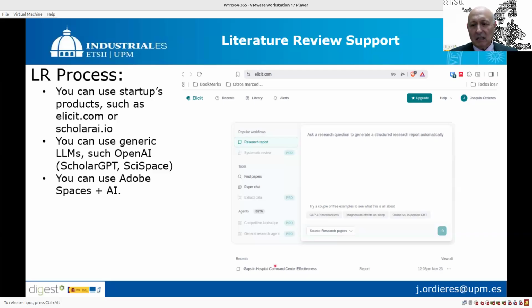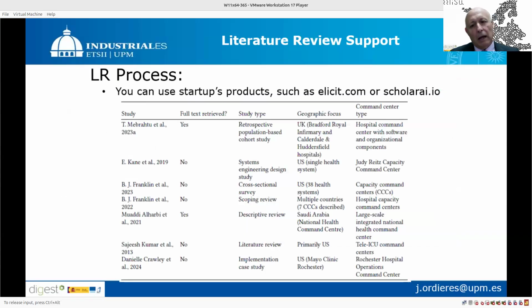So in that particular case, this is the interface of Elicit. And then I was just creating the report I mentioned. I will show you later on. The report is large, but the summary table is the one I present here. So they produce a list of papers where in some cases, because they are open access, the system was able to read through, or was not able to read through, and then it is based on the abstract from Crossref.